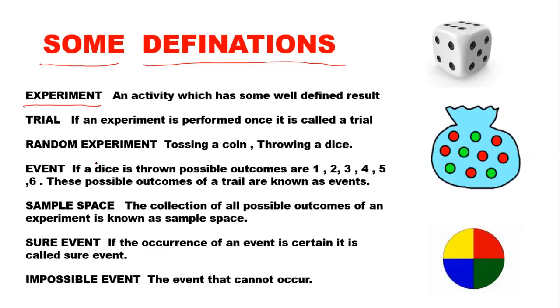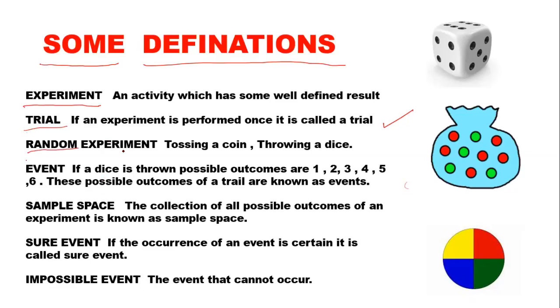A trial. What is a trial? Trial is when we conduct the experiment once. Like if we are finding out the probability of getting 6, when we conduct the experiment, we roll the die. That is called a trial. Random experiment.